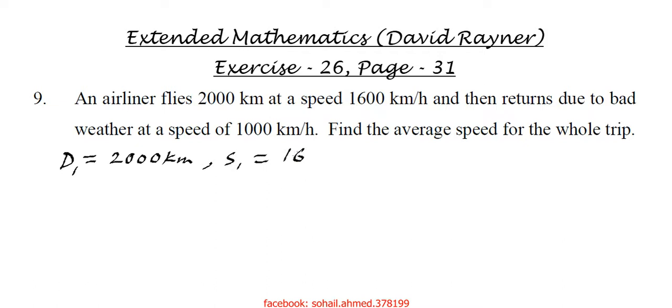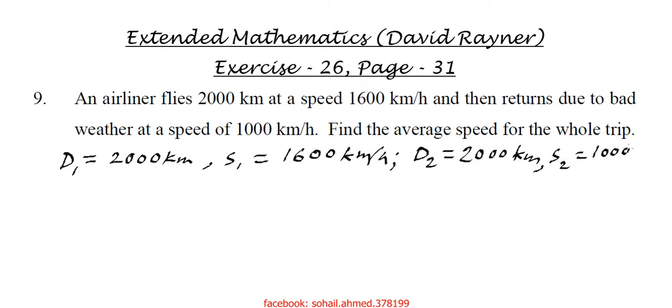S1 is 1600 km per hour. Return journey means same distance. It will travel with the same distance. So D2 is also 2000 km and speed S2 is 1000 km per hour.